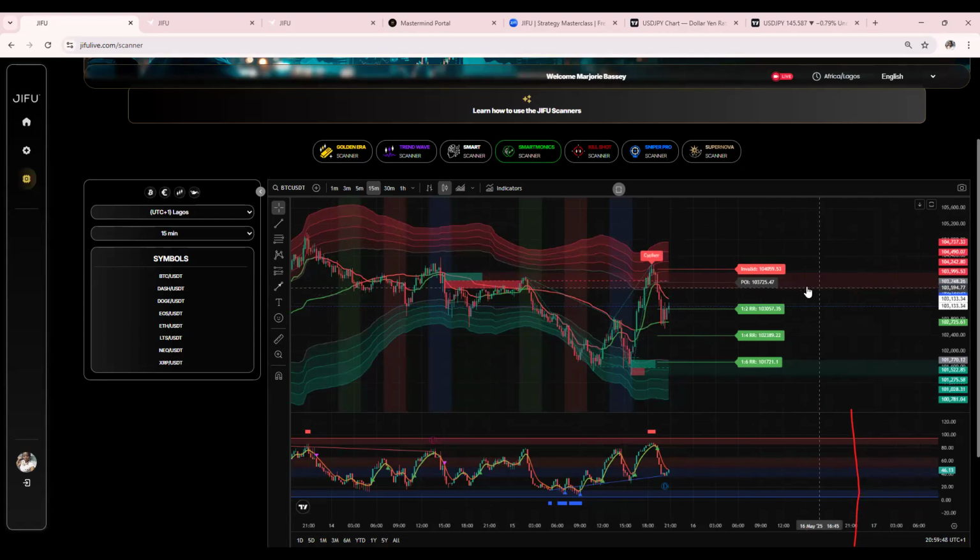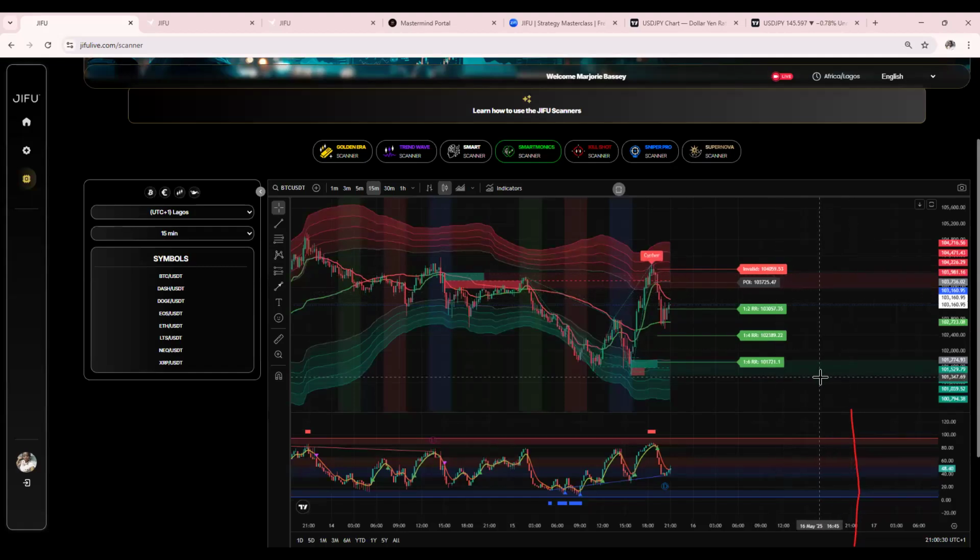The TP1 is 1 to 2 risk to reward, TP2 is 1 to 4 risk to reward, TP3 is 1 to 6 risk to reward, and the stop loss on a Smartmonics trade idea is usually half of TP1. So that's why TP1 is twice the invalidation. It's very important to note that, so that if you're targeting TP2, you can know how to calculate your profits and stuff.